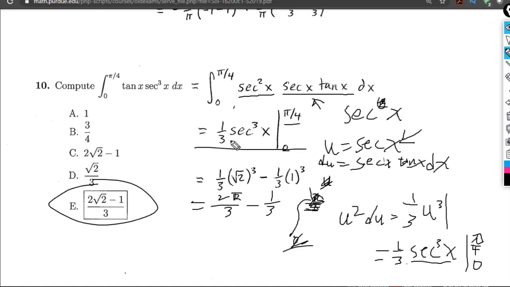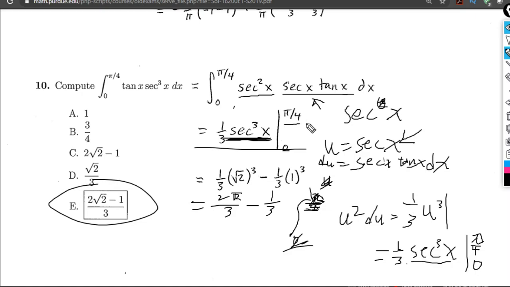When you plug in these values, it's pretty important to know the unit circle, to be able to know what the secant of pi over 4 is.